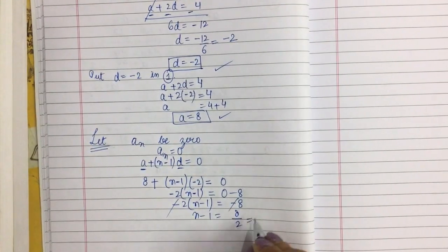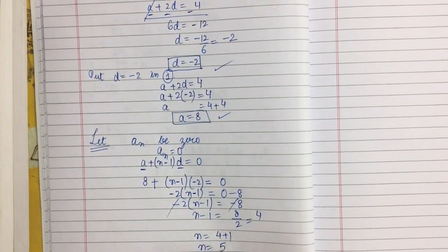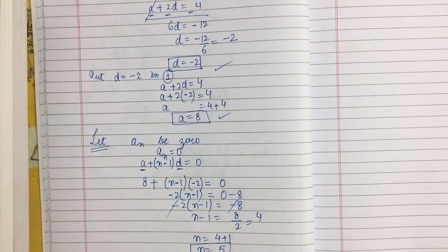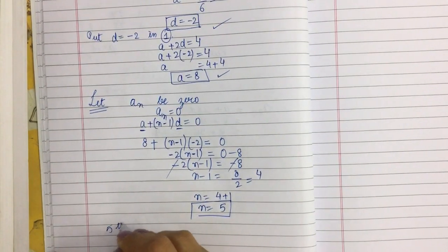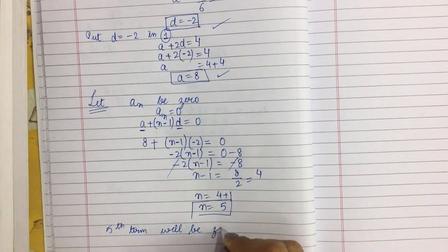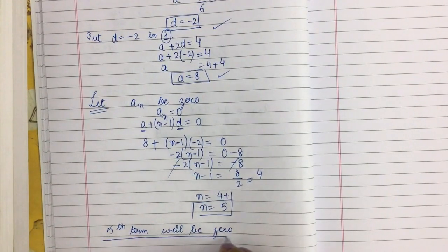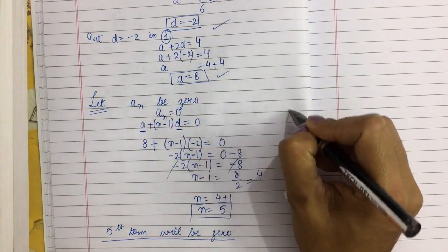Simplifying. So at fifth place, we will find fifth term will be 0.